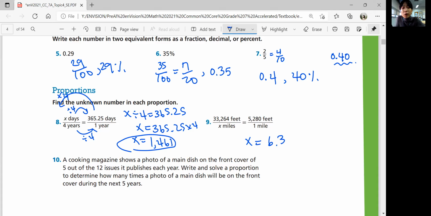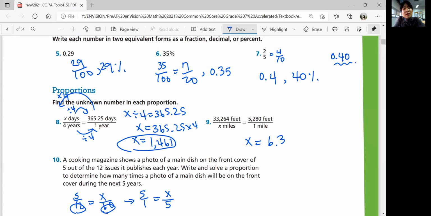So first, write a proportion. 5 over 12 is equal to X over 60 could be one proportion. And you can simplify that to 5 over 1 is equal to X over 5. If you want to try to solve it, for proportions, if you can divide these two, you can do that.